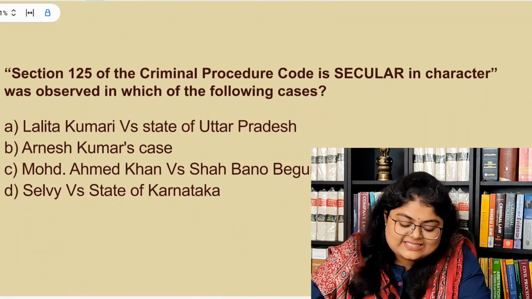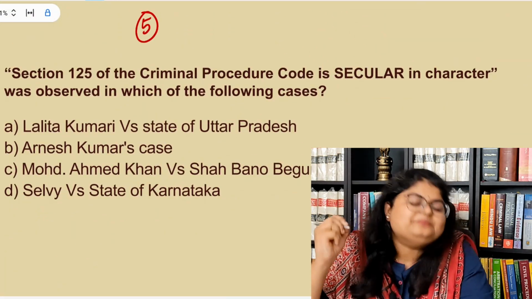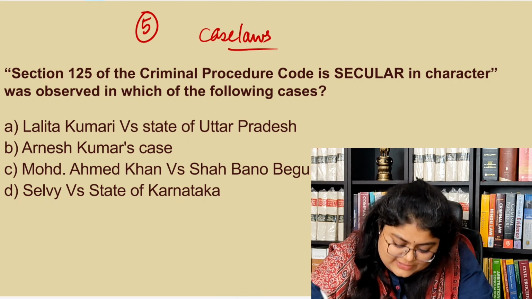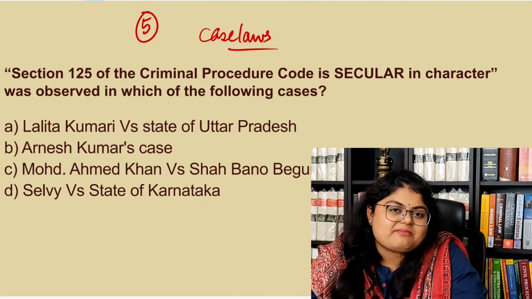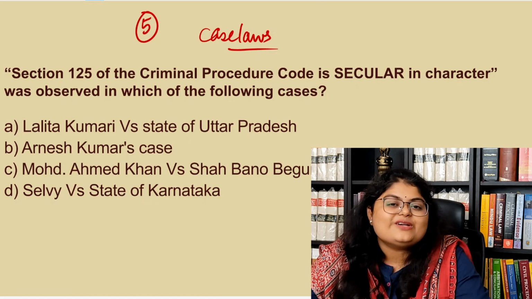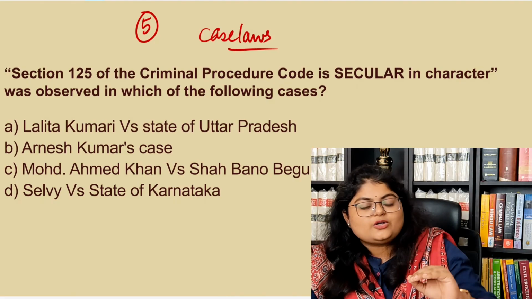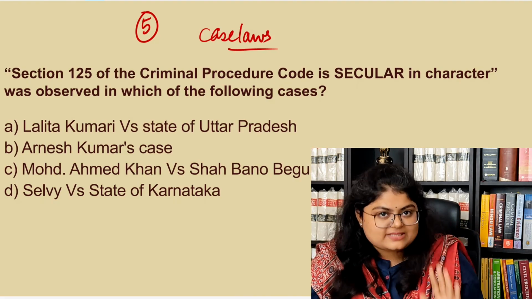Coming to the last type, type 5, which is based on case laws. Here also you should remember, the case laws will not change irrespective of the law. For example, in this case, they are talking about Section 125 CrPC.